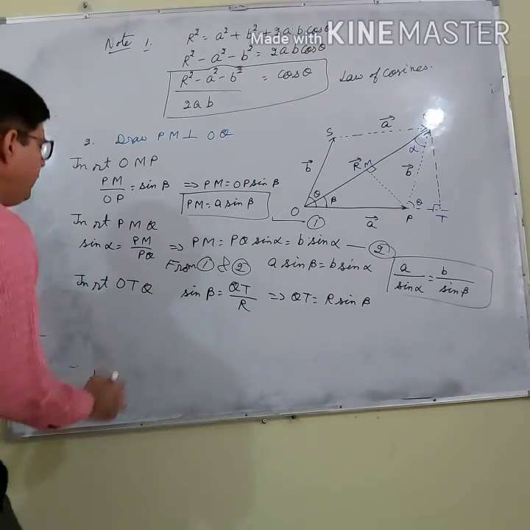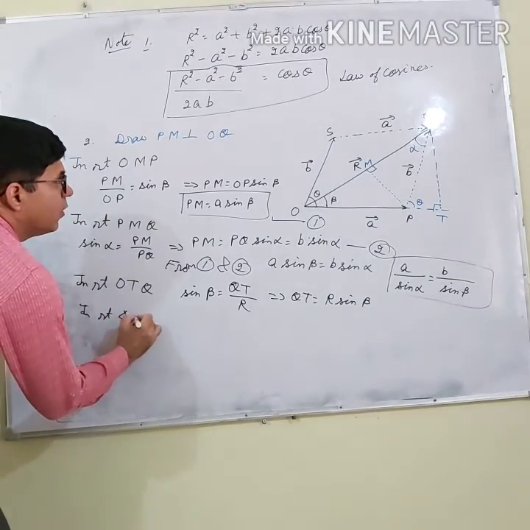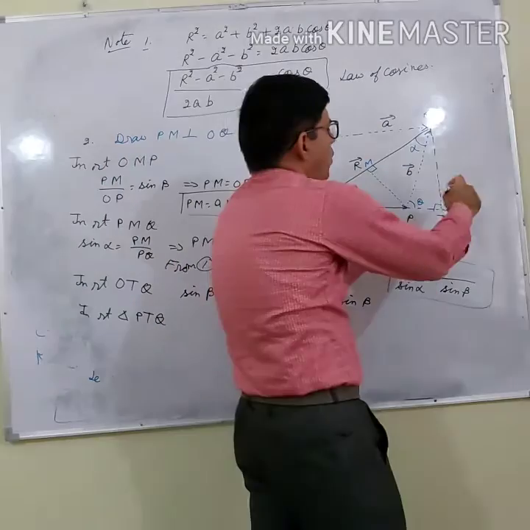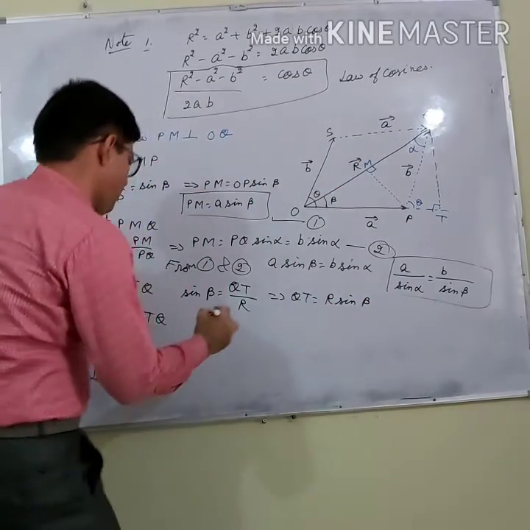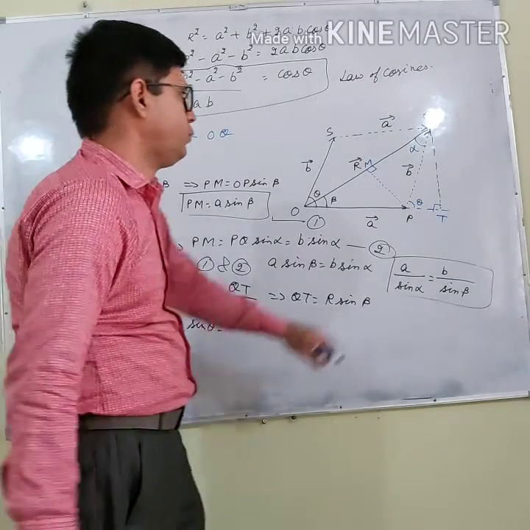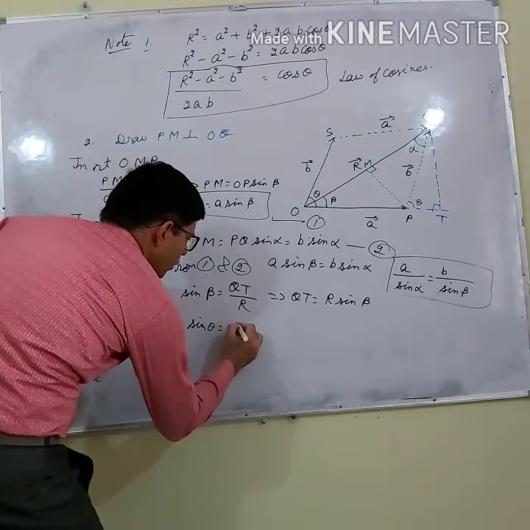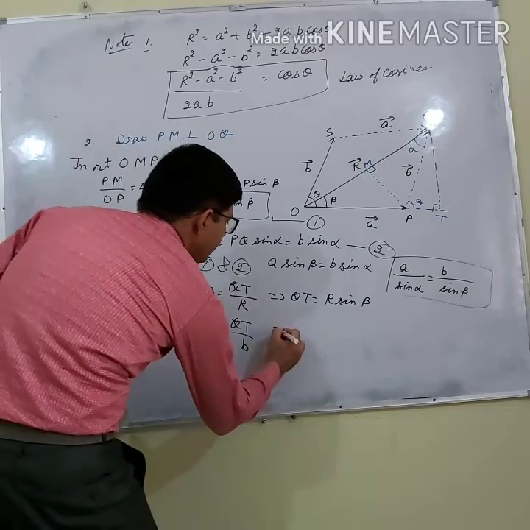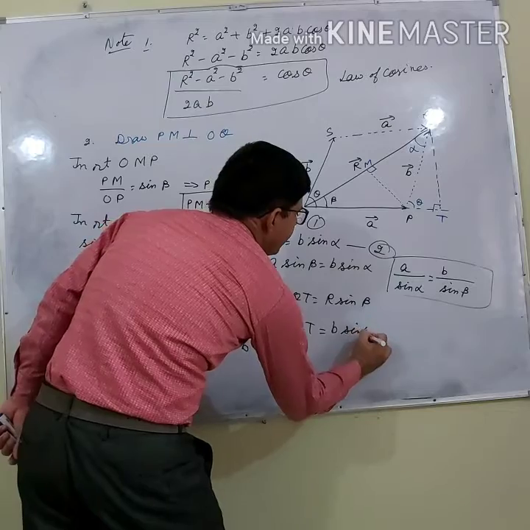Now in right triangle PTQ, sine theta is perpendicular upon hypotenuse, that is QT upon PQ. And what is PQ? It is B. So I can say QT equals B sine theta.